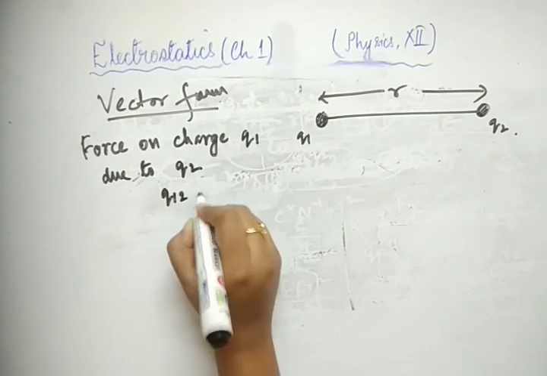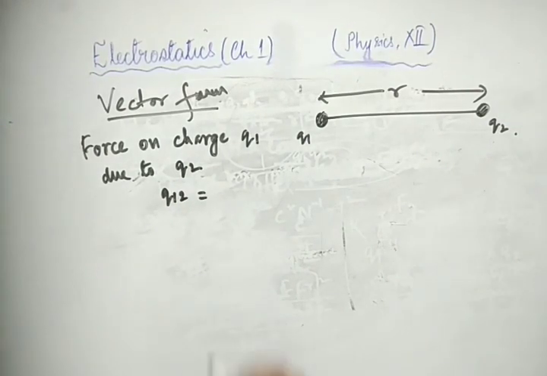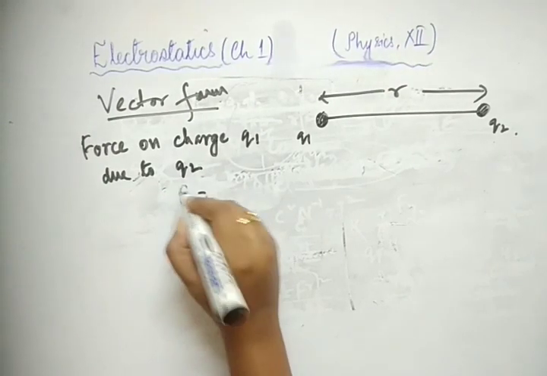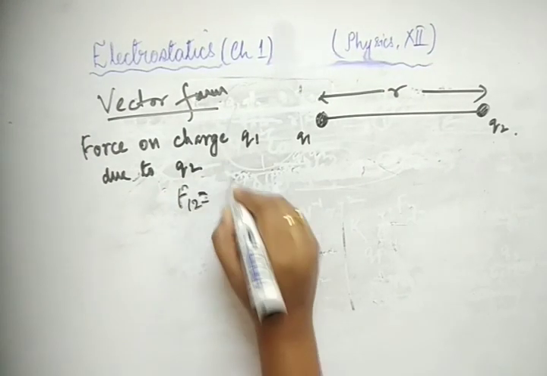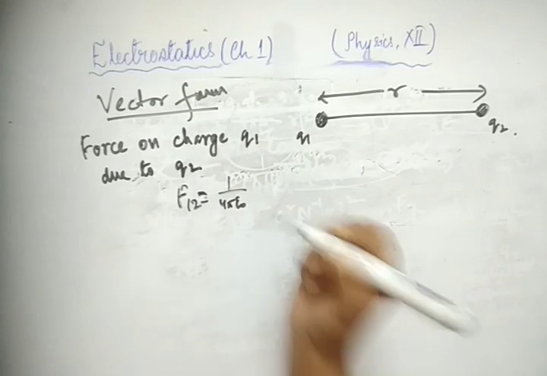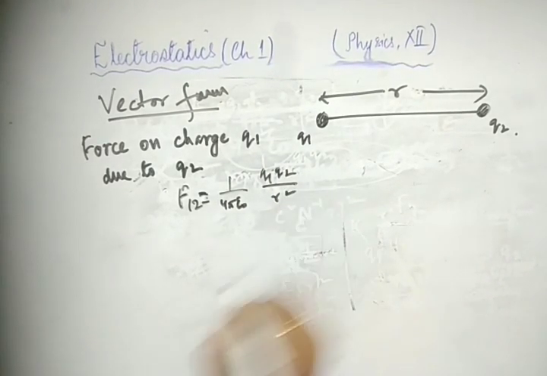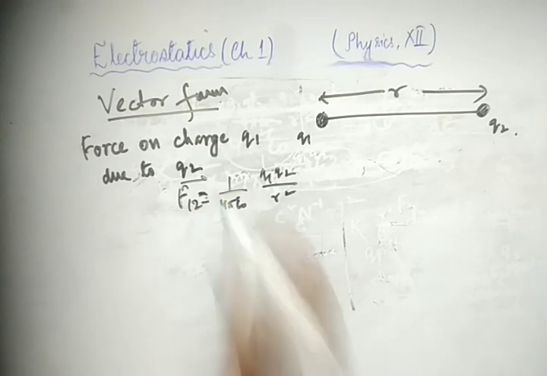F12 will be 1 by 4 pi epsilon naught Q1 Q2 by R square. Now let us put a vector sign.